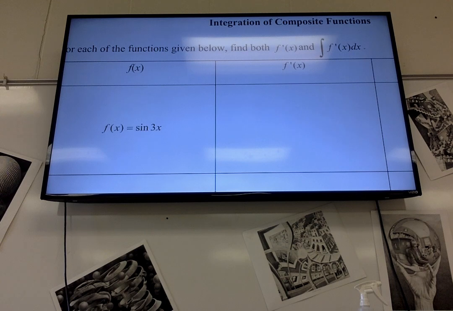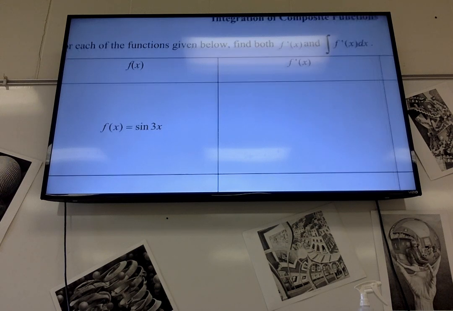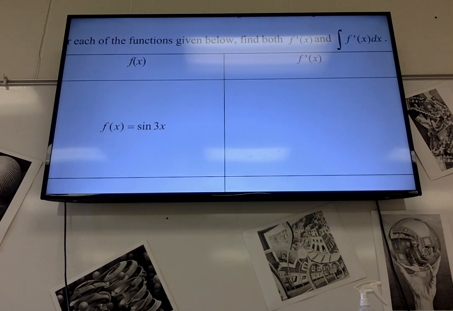So let's start by doing a derivative. We have sine of 3x. What's the derivative? It's the cosine of 3x times 3.